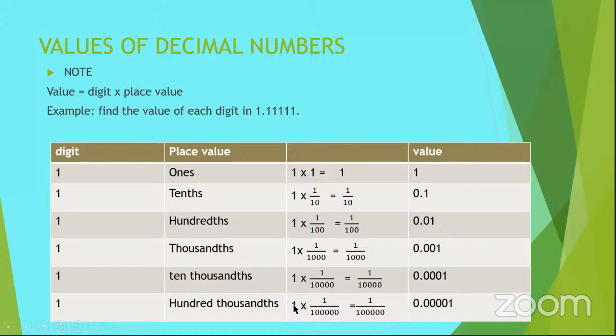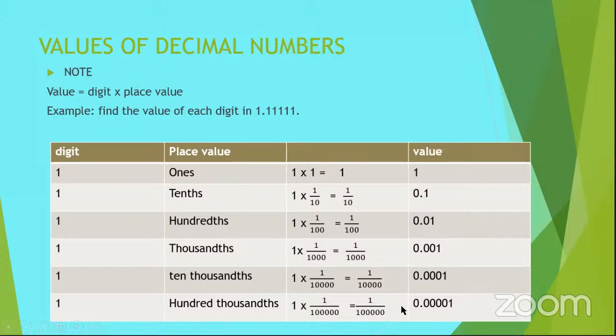So when you multiply the numerator times this digit here, which is 1, you get 1 out of 100,000. For you to write this one as a decimal number, you write your 0 to stand for the whole number, point. Don't forget the point always. Now you come and count. How many zeros do I have on my denominator? I have 1, 2, 3, 4, 5 zeros.